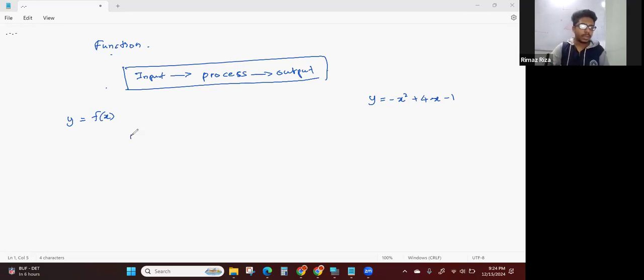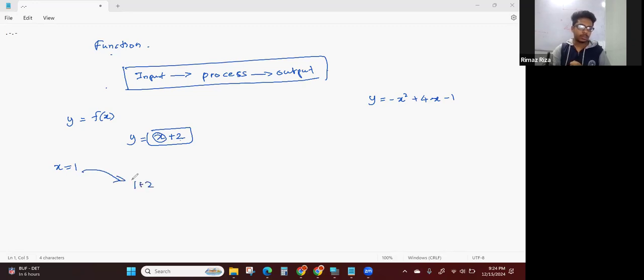For example, I can take the function y equals x plus 2. This is a function. You can give an input, for example x equals 1. The input is 1. Then the process is this: you add 2 to the value.